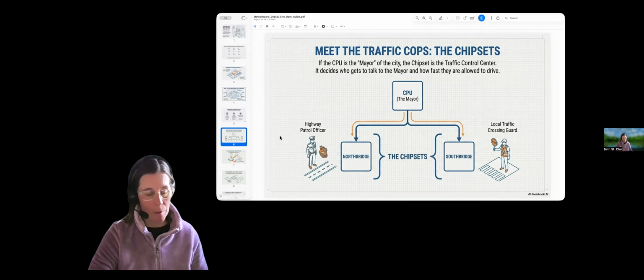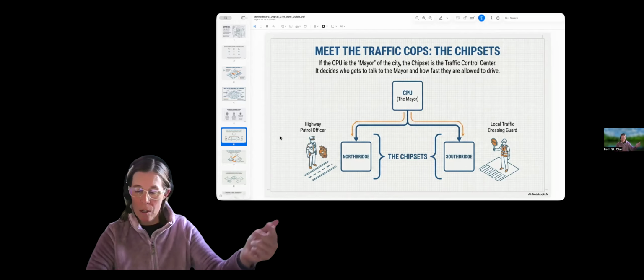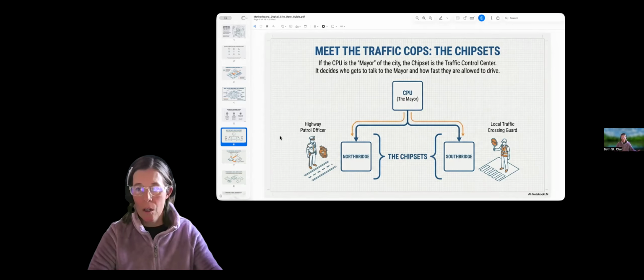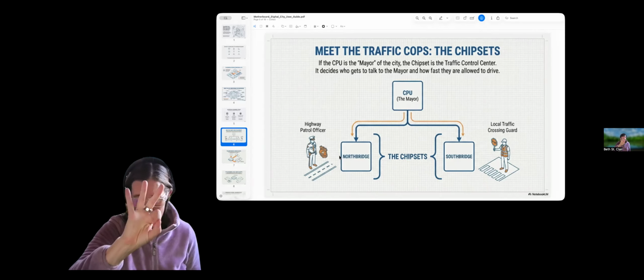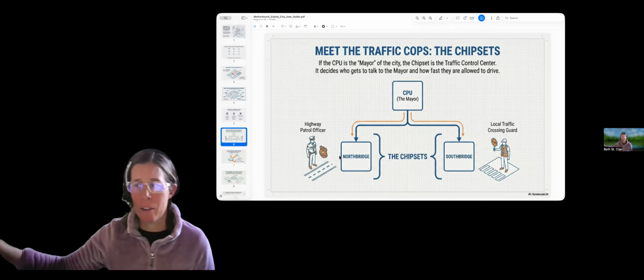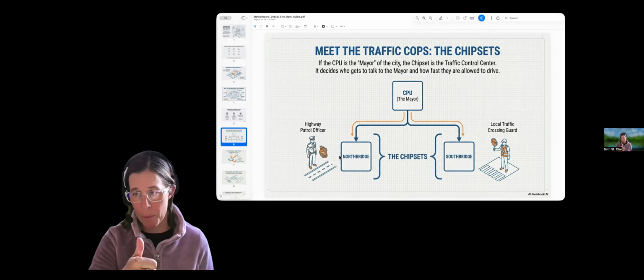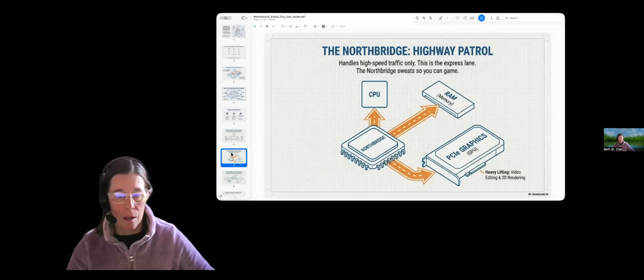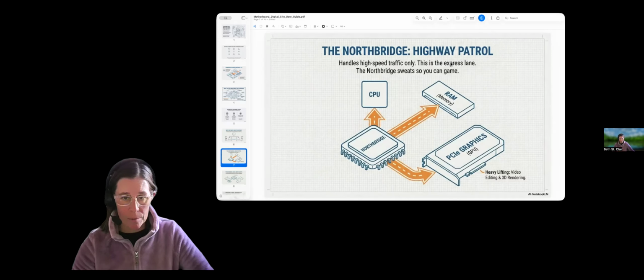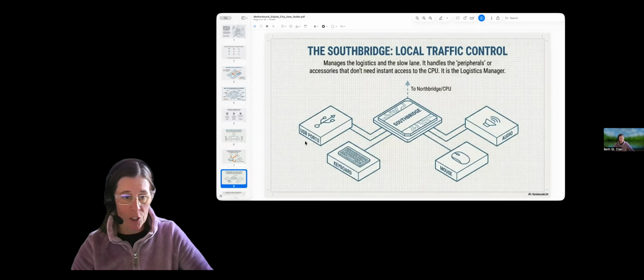And when I say slower, I mean mouse, keyboard, printers, audio, all of those other peripherals. North Bridge only handles 3. Memorize those 3, and you don't even have to worry about the rest. CPU, PCIe, RAM. This is a graphic showing you, and this is another graphic showing you.